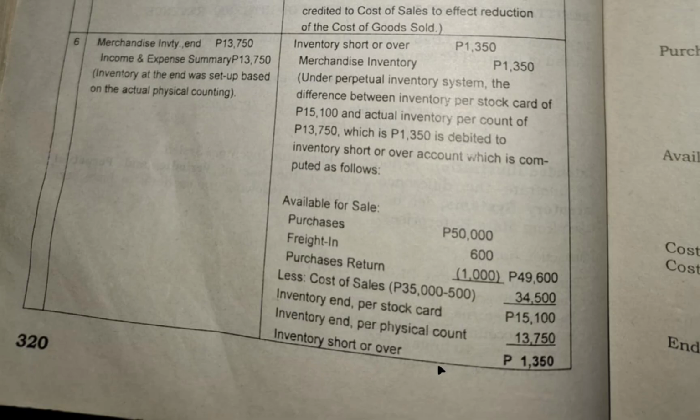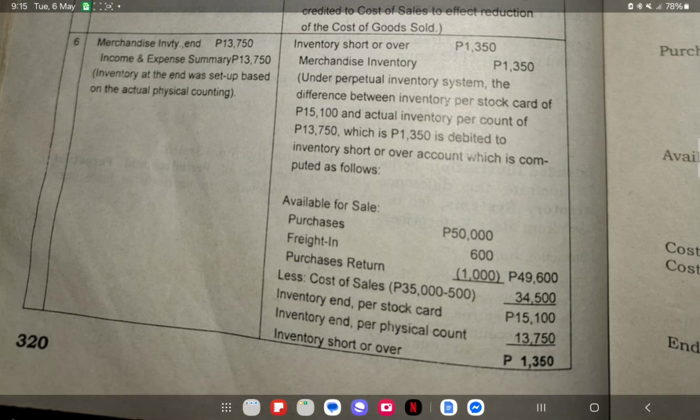So like if you work at Jollibee or any company or office that deals with money, where you are accounting for money, especially systematically, make sure you double count your cash in your cash box.